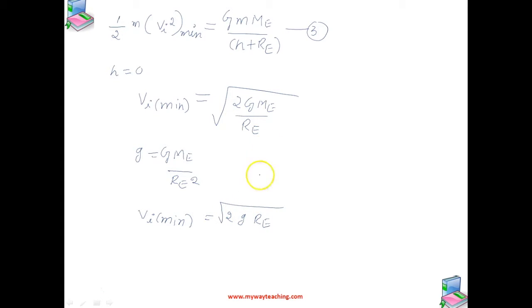If you substitute the value of g, again we get back this equation. So this is equation number 5, and that one is equation number 4.